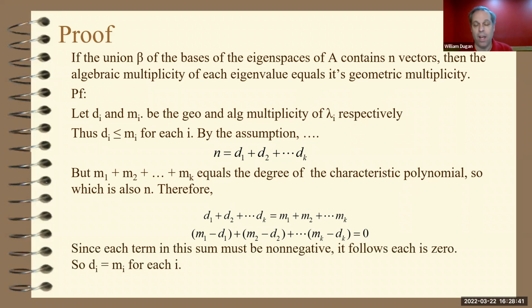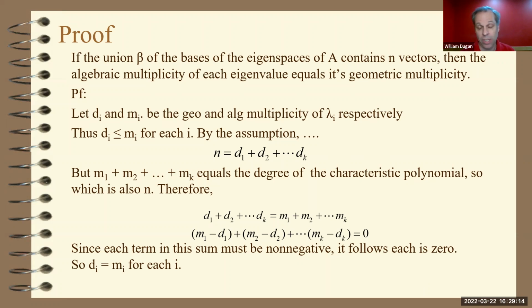But every single thing in those parentheses is non-negative, because m1 is at least as big as d1, m2 is at least as big as d2, and so on. So I'm adding a bunch of non-negative things, but the sum is 0. The only way that's possible is if you're adding up a bunch of zeros. So everything in the parentheses is 0. That means in every parenthesis, for example, m1 would have to equal d1, because that difference is 0.